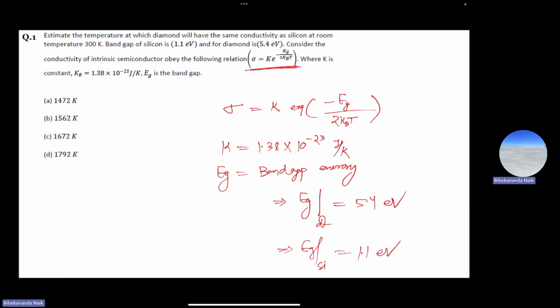So we will put these values in the formula and equate the two, and we can easily calculate the temperature because the temperature is present in the denominator here. So we can calculate the temperature at which diamond will have the same conductivity as that of silicon at room temperature. I'll give you a few minutes to solve this and then I will discuss what will be the correct option for this question.